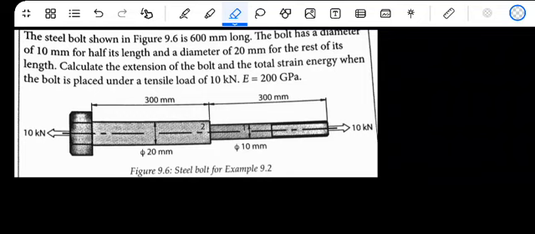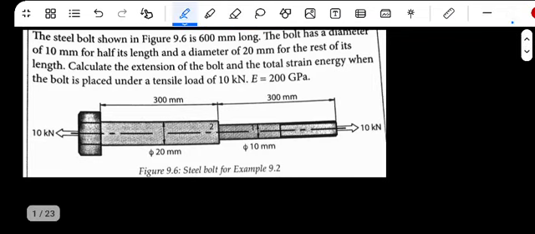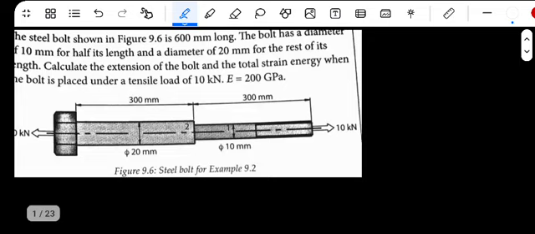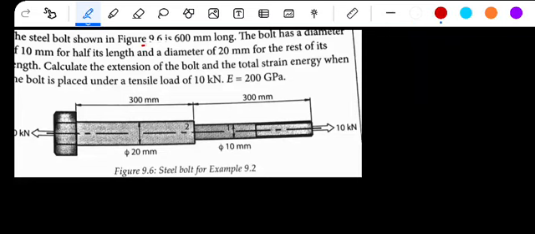We're still under strength of material N6. I've given the following question: the steel bolt shown in figure 9.9.6 is 600 millimeter long.